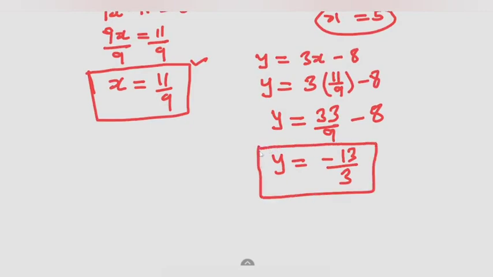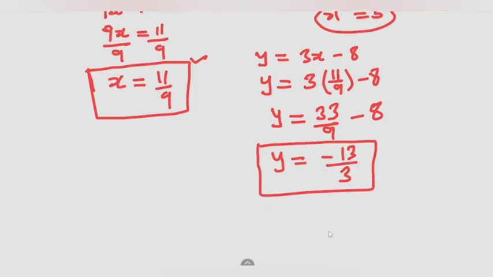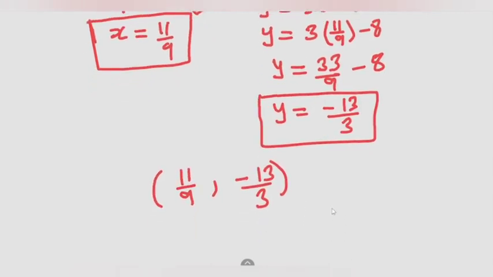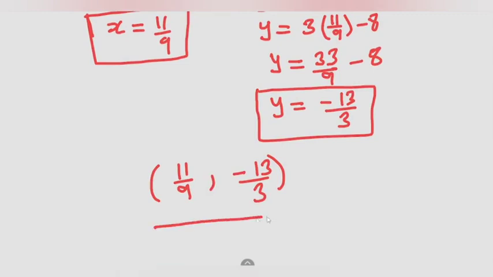So for y we have negative 13 over 3. So the other coordinates that they wanted, we get the x coordinate, which is 11 over 9, comma, and the y coordinate, which is negative 13 over 3. So these are the other coordinates that they wanted us to find.